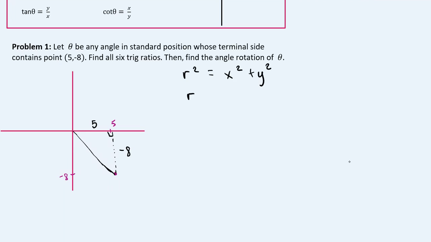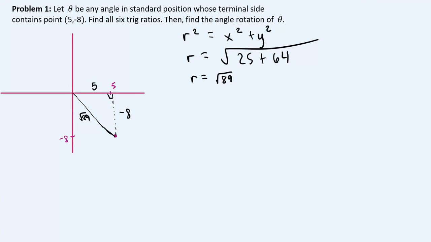So that means your r equals the square root of 25 plus 64, since 5 squared is 25 and 8 squared is 64. So if we add 25 and 64, you should get square root of 89, which does not reduce, so we'll just write square root of 89 there. And now you can find your 6 trigonometric ratios.